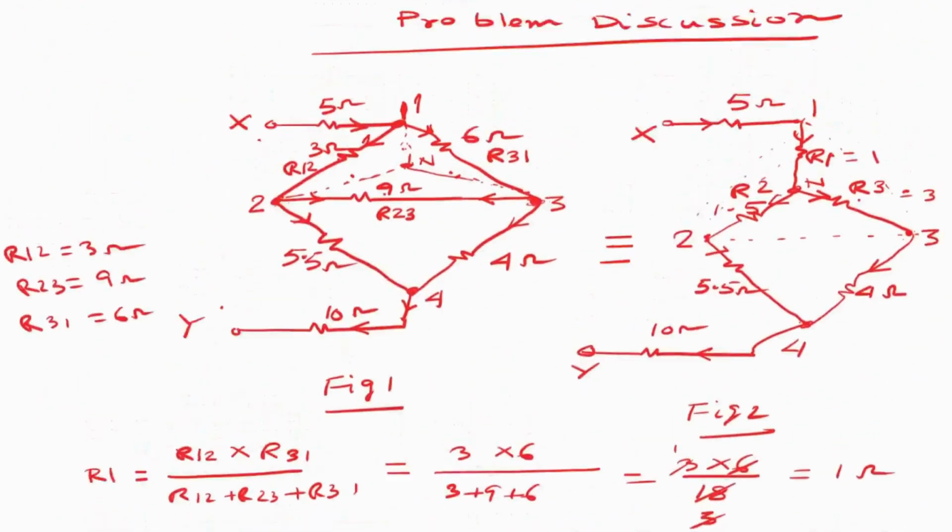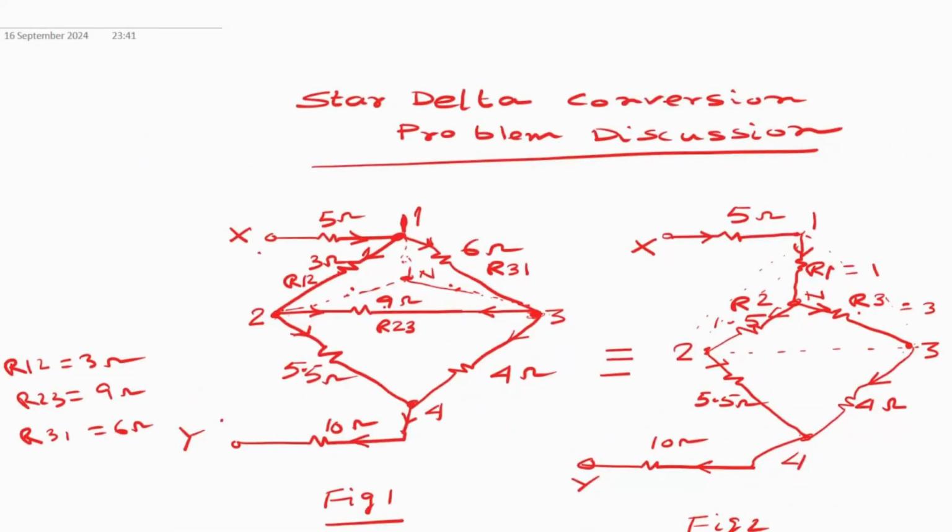In this way you calculate. Now, when and where do you apply the star delta network? See figure number 1. Between terminal 2 and terminal 3 there is one resistor of 9 ohms.